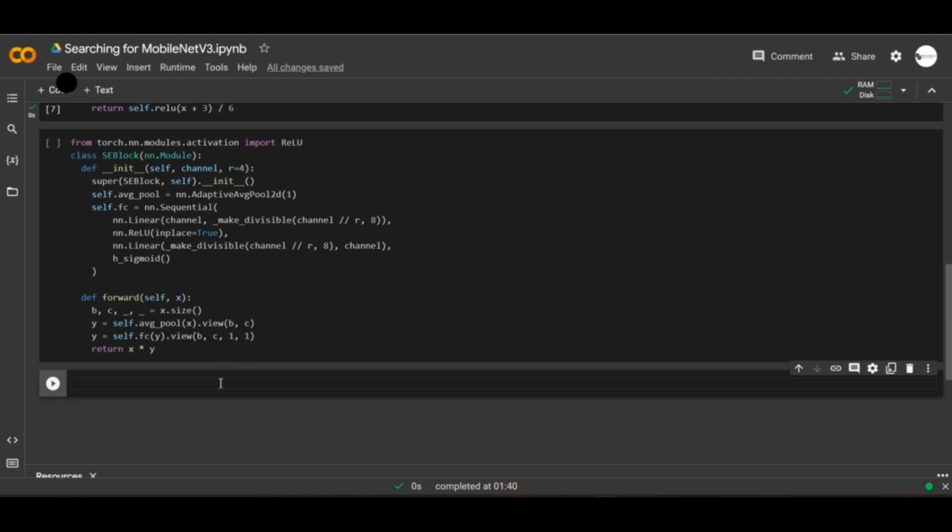So we're going to say def conv 1 by 1 bn, which takes input and output. Then we say return nn dot sequential.